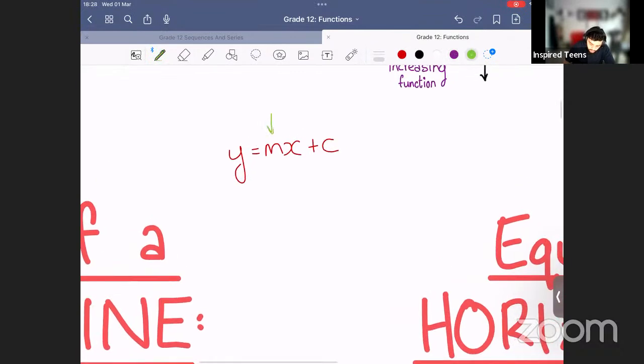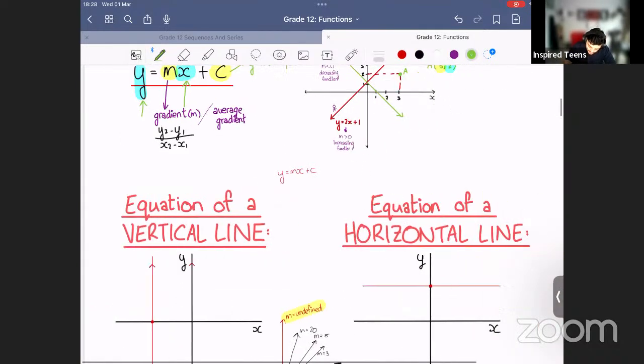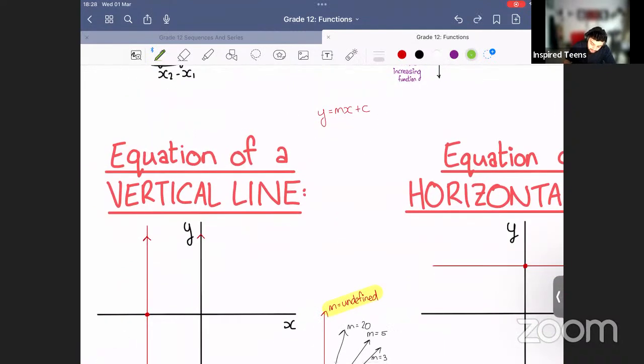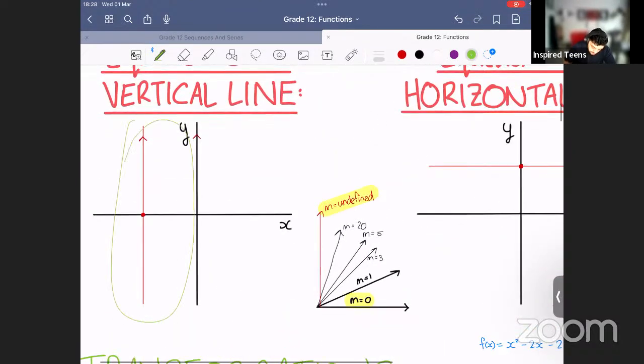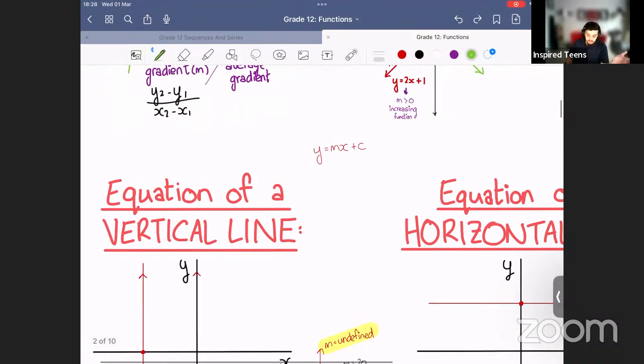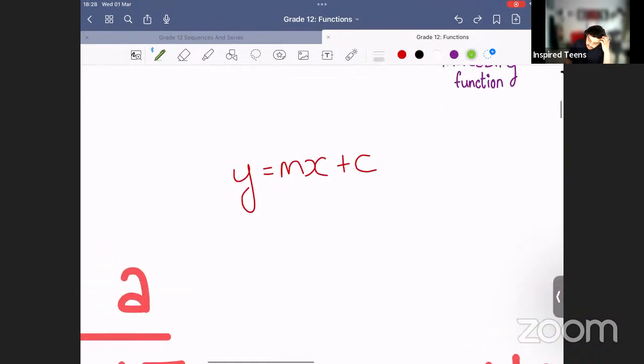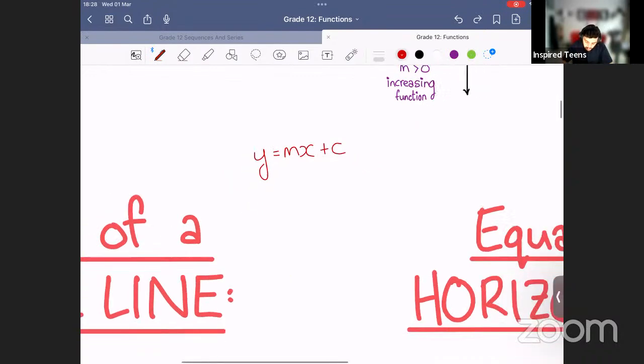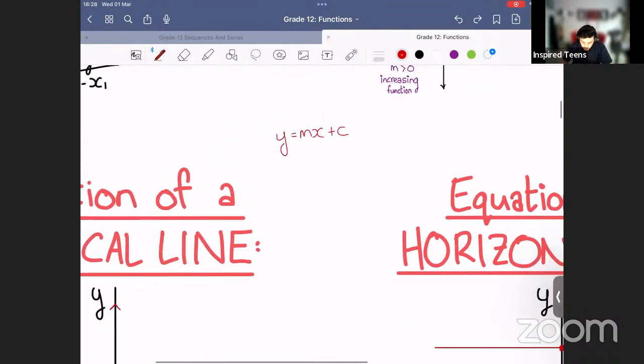You can't substitute undefined times x. It doesn't work like that. So the y = mx + c formula doesn't really apply, because the gradient is undefined. You can't substitute an undefined into this formula. So it will have its own formula, which we'll learn.